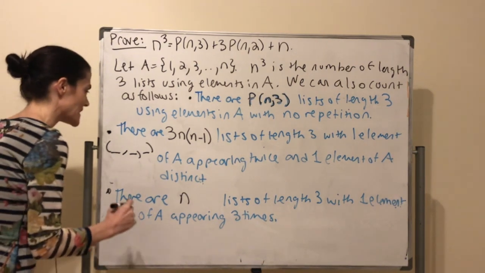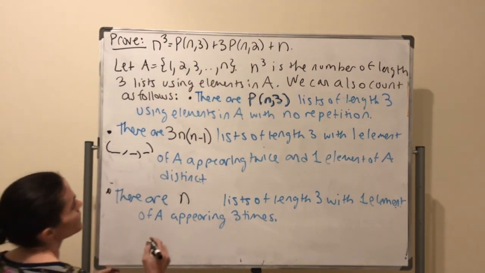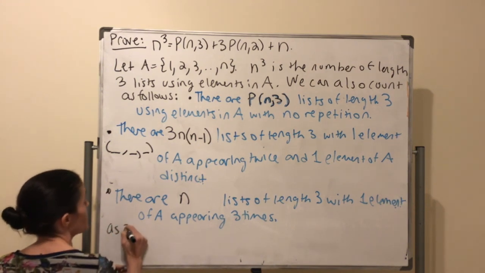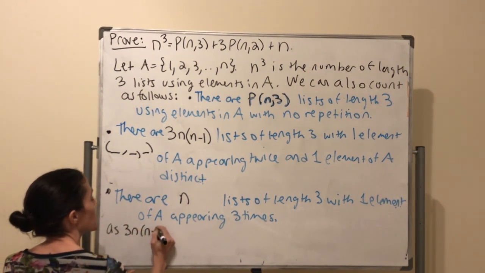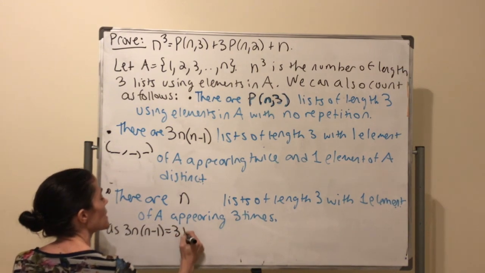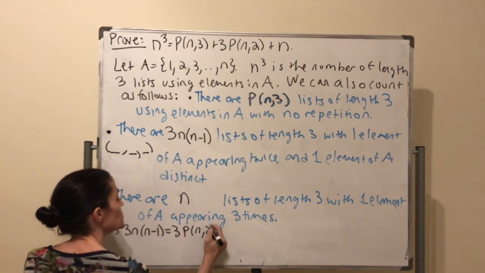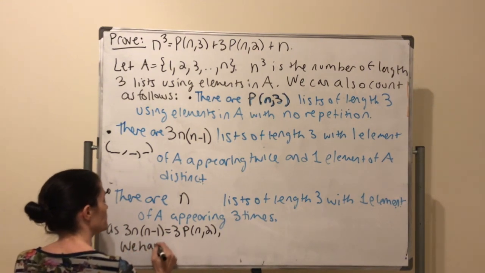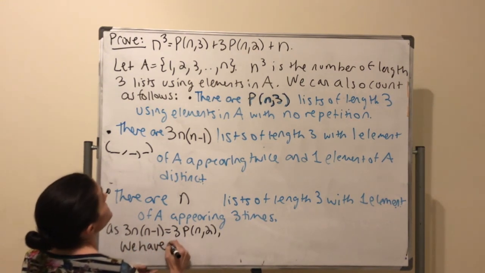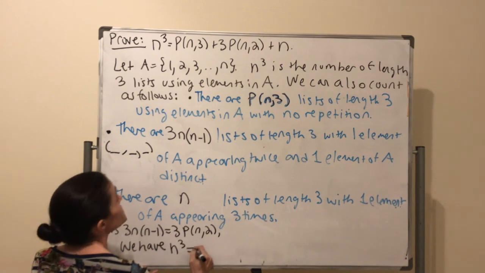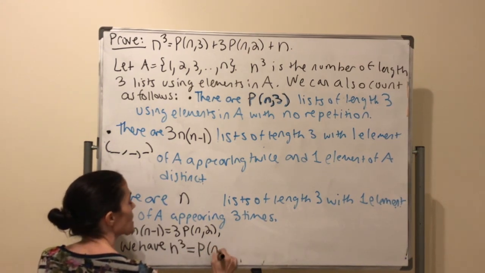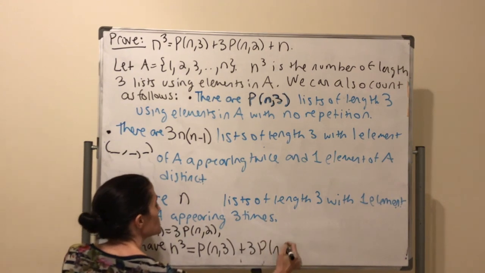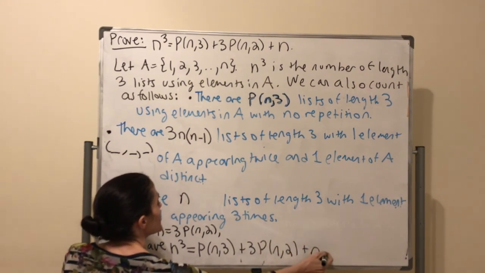Okay, so altogether, I will even mention that 3n(n minus 1) is 3 P(n,2), we have that n cubed equals P(n,3) plus 3 P(n,2) plus n.